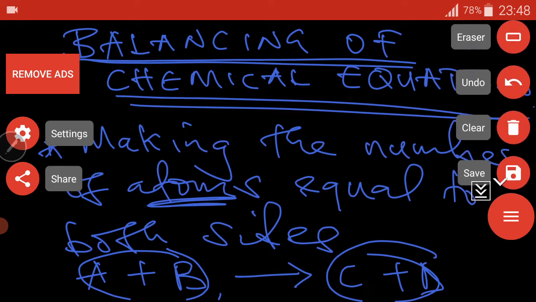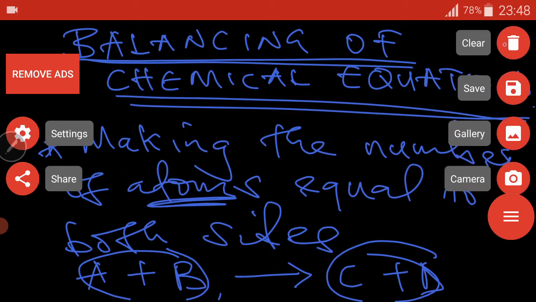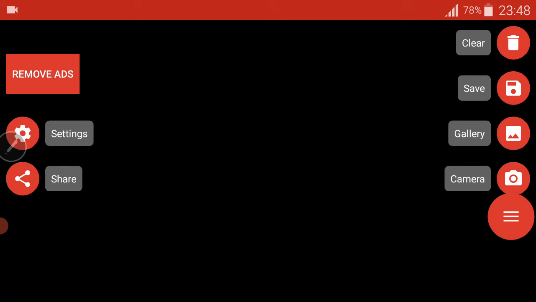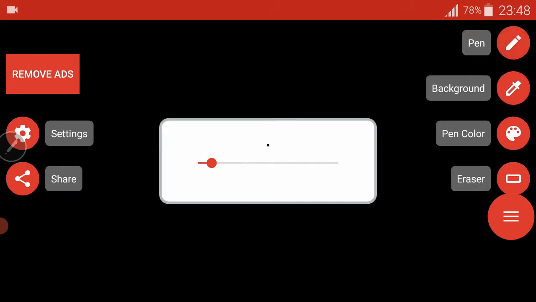Another thing you have to know is that when balancing a chemical equation, you have to make sure that you never change the chemical formula of the compound.